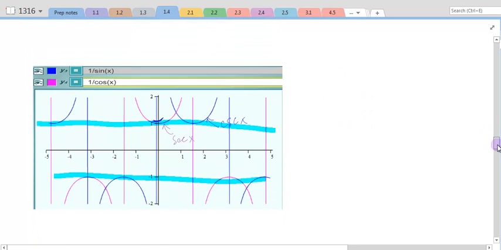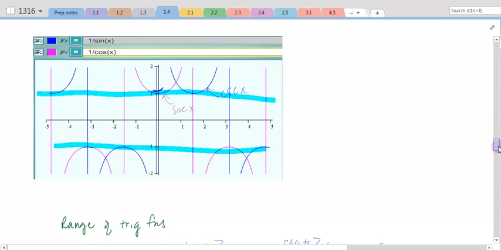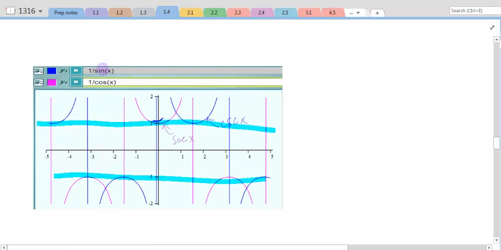Now let's talk secant and cosecant. Notice I had to put these functions in differently, because I know that secant's inverse is 1 over sine, I could graph it, and cosecant's inverse is 1 over cosine. I was able to graph it on this applet I used. Now, there's a lot to look at here.